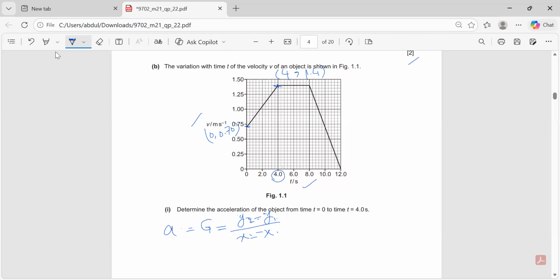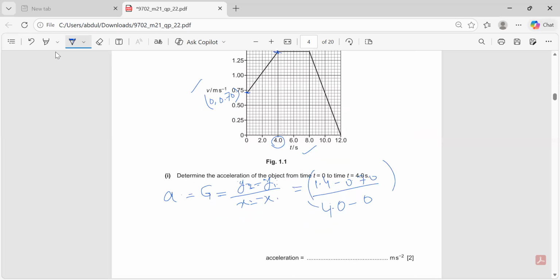So what is y2? 1.4 minus what is y1? That is 0.70, over 4.0 minus 0. As we simplify, my dear friends, the answer I have already calculated comes to be 0.18 meters per second squared.